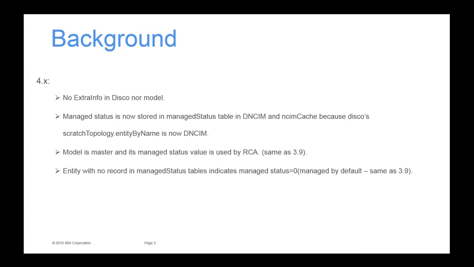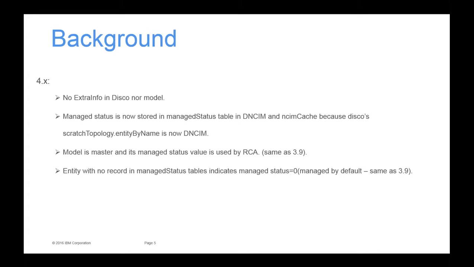Sorry, we're already there. For 4.x, things are a little different. There's no extra info field in Disco nor model. The managed status is now stored in a managed status table in dnsim and nsim, cache being the equivalent of the model. And this is because Disco's scratch topology.entity by name is now dnsim.